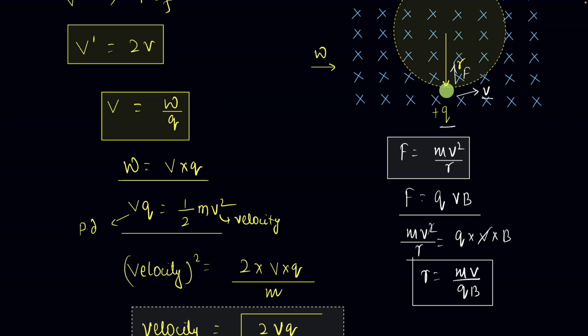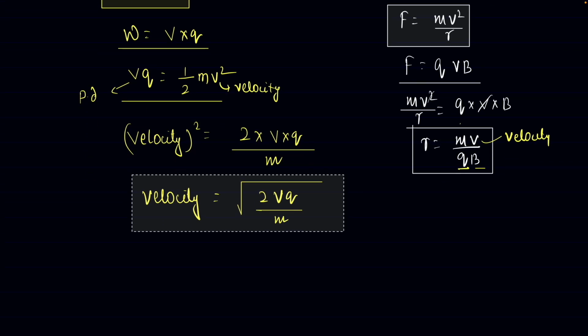In that, what is important to find? The velocity is important to find, because charge is constant, magnetic field is constant, and the mass of the charged body is also constant; only the velocity is changing. Now you see this velocity is directly proportional to the square root of the potential difference. So initially the velocity was v.